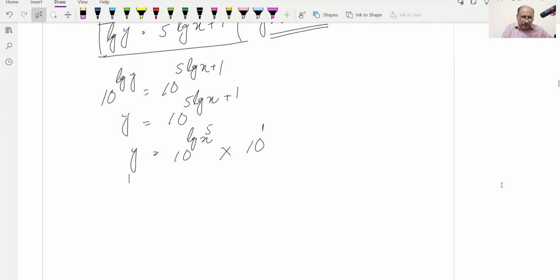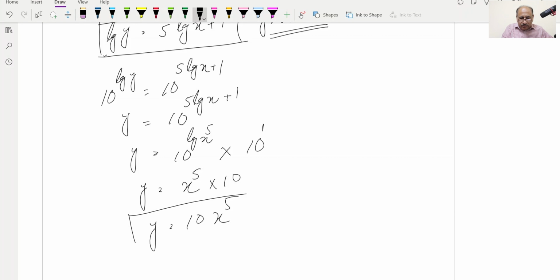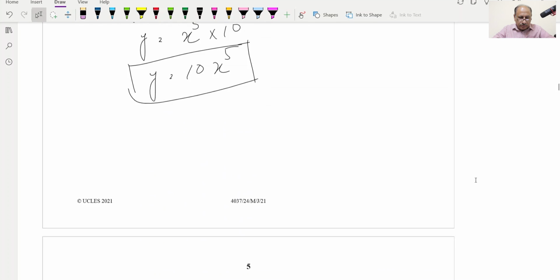We can rewrite it as y is equal to, this portion will be equal to x, and we will get x raised to 5 into 10, so y is equal to 10 x raised to the power 5, and this will be our final answer. Hopefully you understood this question.